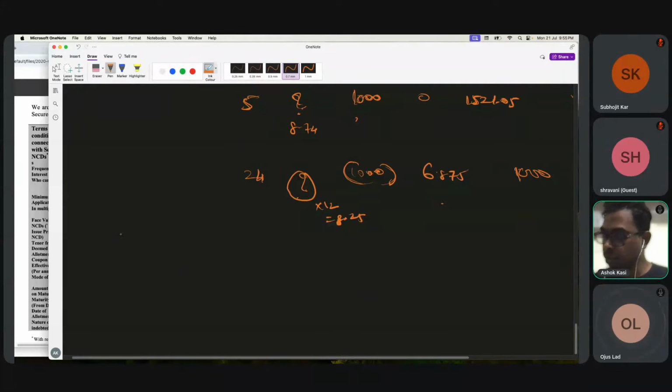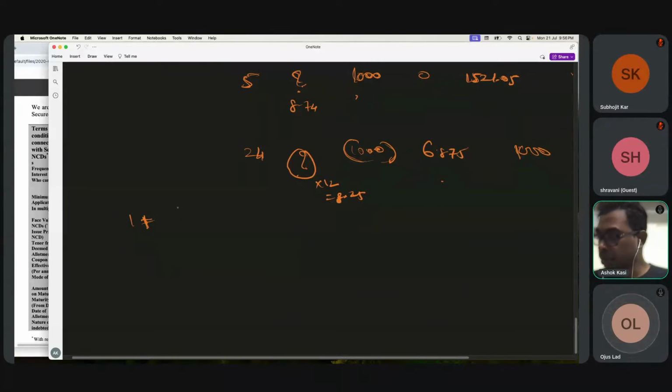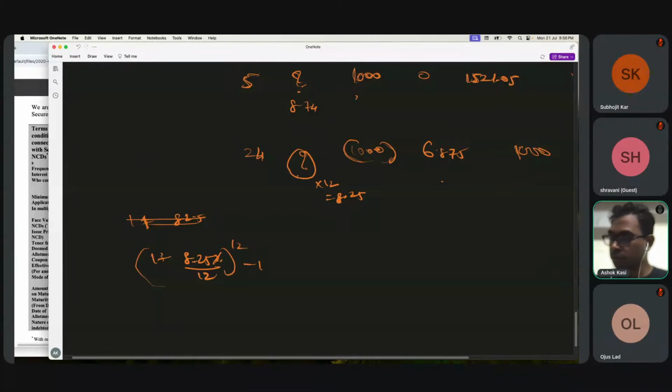Fine. See, if I calculate effective yield, the formula for effective yield: 1 plus 8.25 percentage divided by 12, raised to 12, minus 1, and then multiply overall by 100.